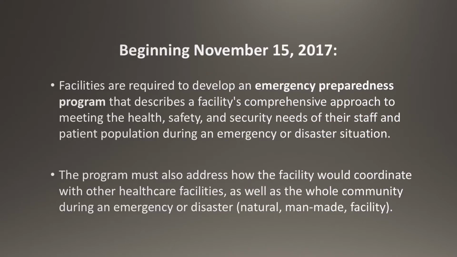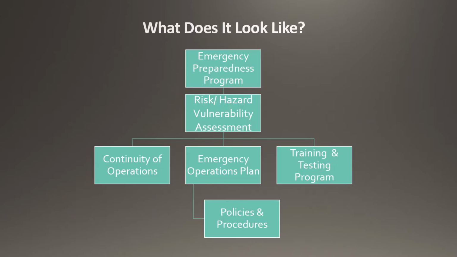Beginning November 15th, you'll need to have an emergency preparedness program that has a comprehensive all hazards approach, and you'll need to show how you're going to be working with other response partners and healthcare facilities as well.